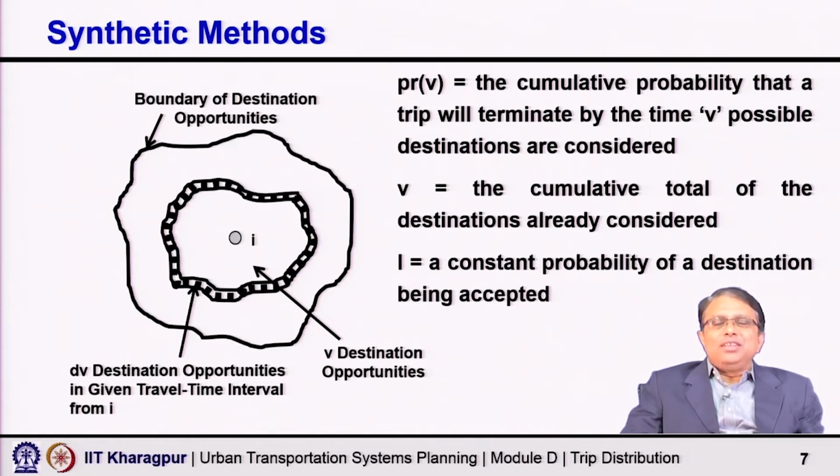So, you can see I is the center, and around that at a distance V, in between there are V destinations, and then you are considering the dV destinations just outside V. V is the cumulative total of the destinations already considered, and L is a constant probability of a destination being accepted, right.